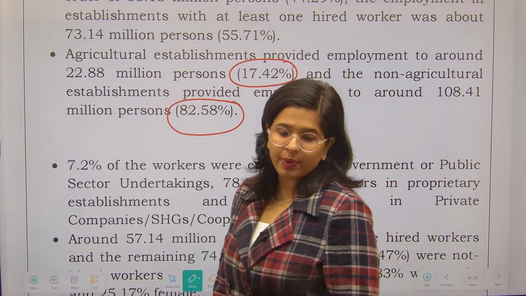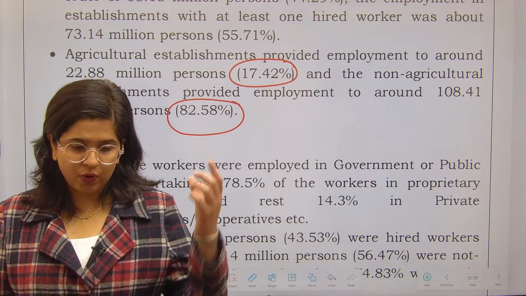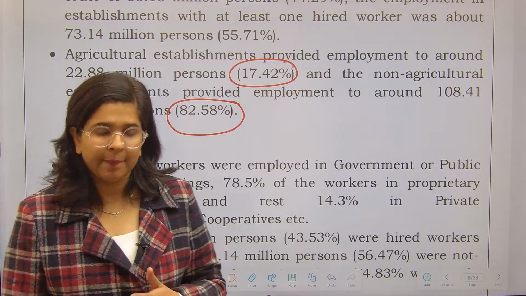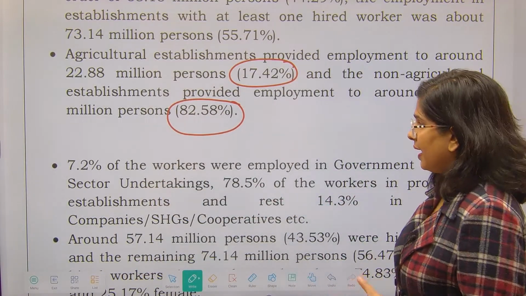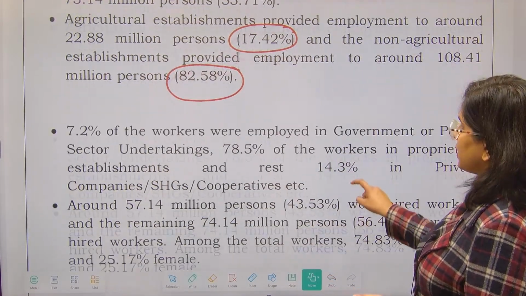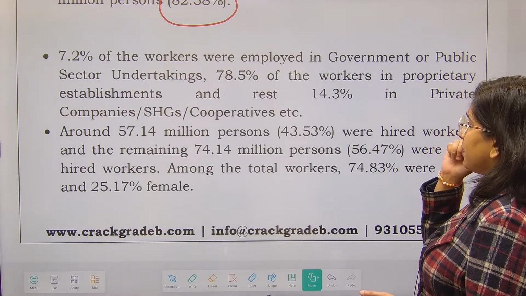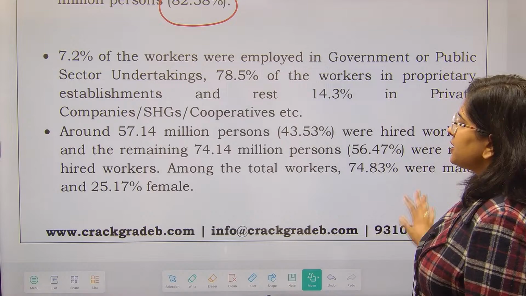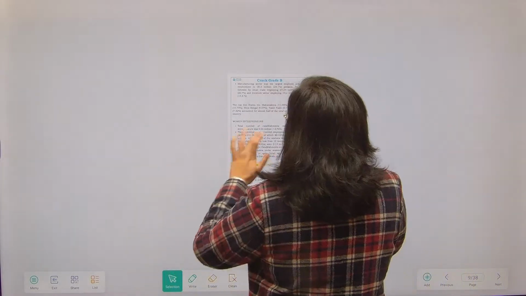That means the number of people engaged by these kinds of activities, that's what we are discussing over here, कि agricultural establishments ने ज़्यादा लोगों को engage कर रखा है. 7.2% of the workers were employed in the government sector, and 78% of the workers in proprietary establishments. Now this is something that we can choose to skip, not really very important.